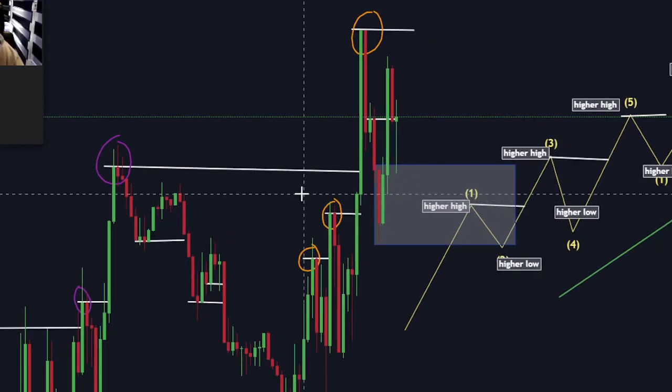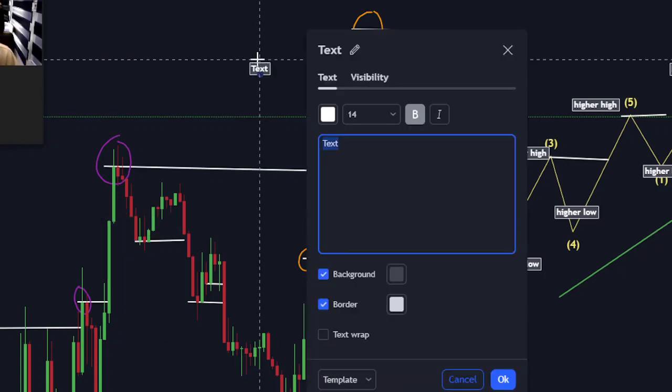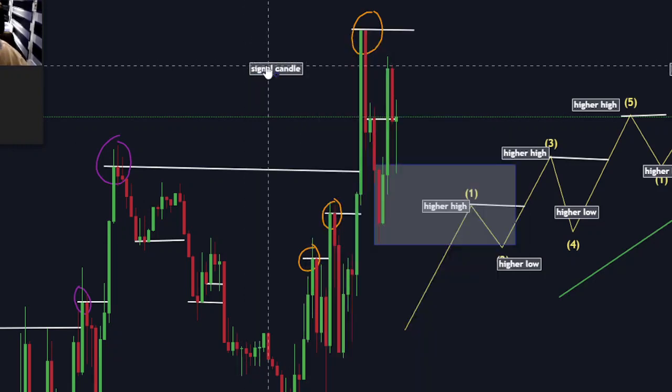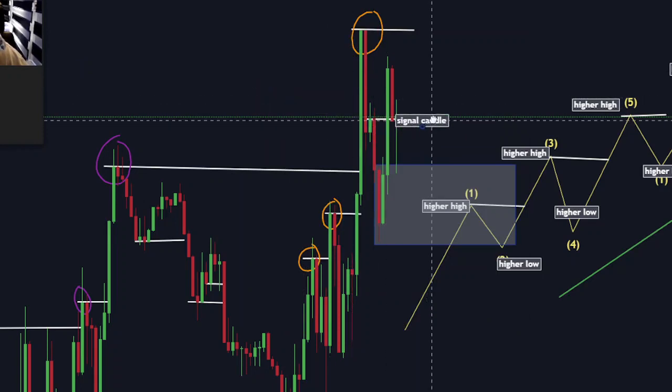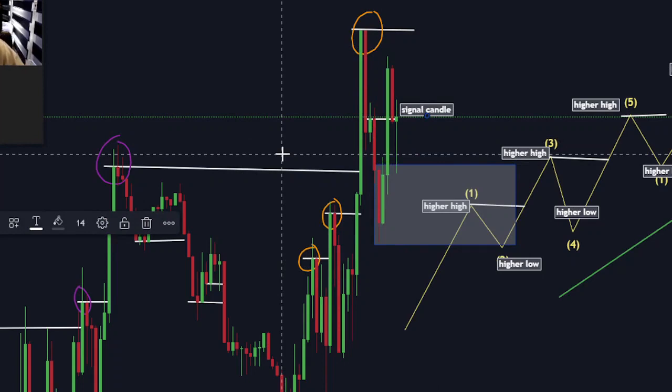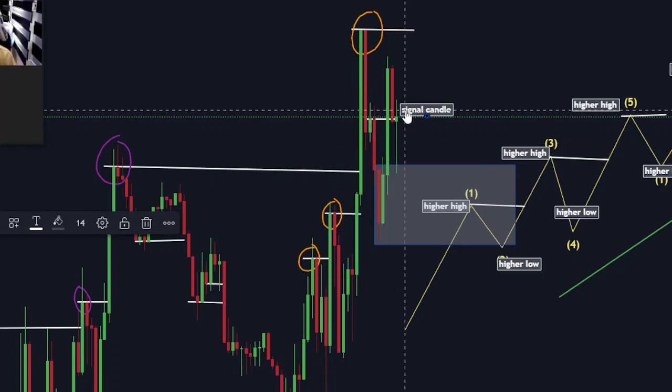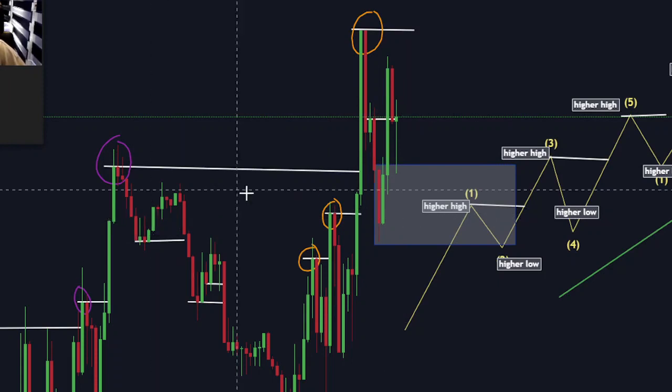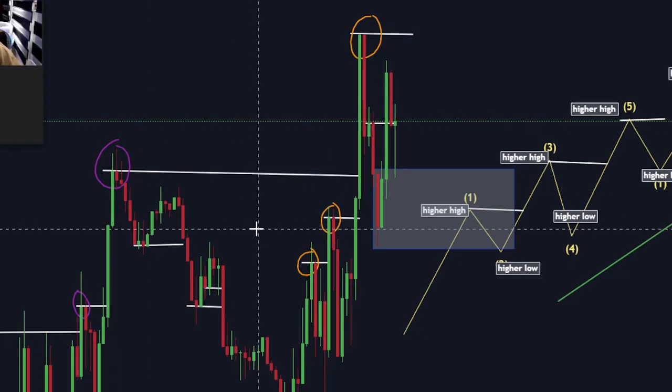Okay, so in supply and demand, I think we should... I don't want to complicate things. This will be getting away from what we are actually discussing, and I wouldn't want you to get confused.